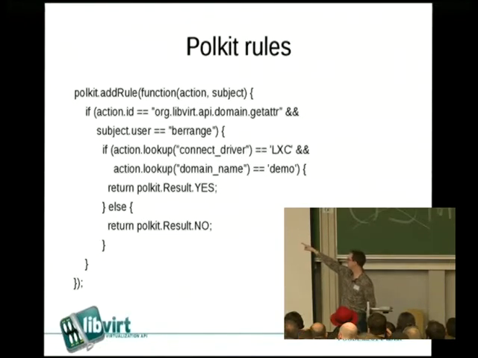There's a subject object, which tells you the user who's invoking it. And then the action object has a number of properties to identify the object. So in this short example, we're looking at an API call with a permission of getattr, and the user is berrange, myself. And we're looking at a guest running on the LXC hypervisor with a name of demo. And if all of those things match, then we allow access. If they don't match, then we deny access.